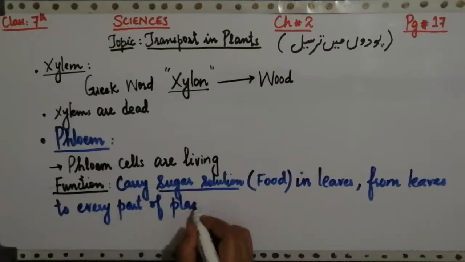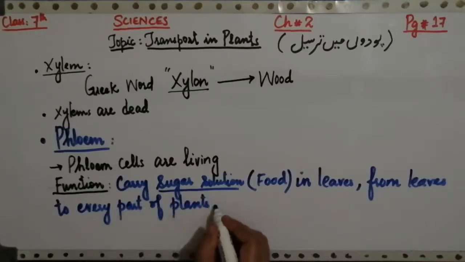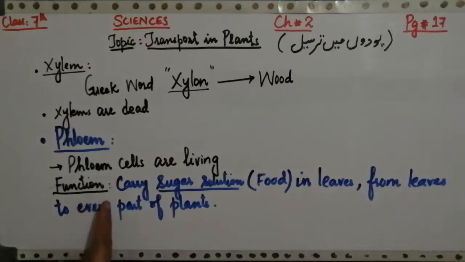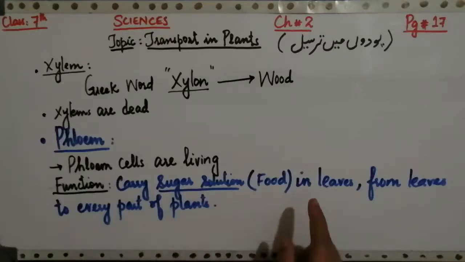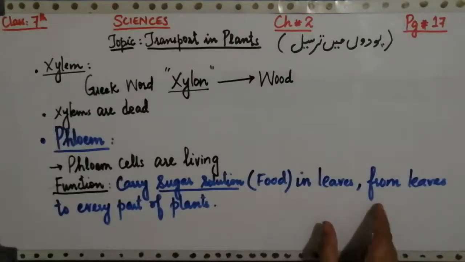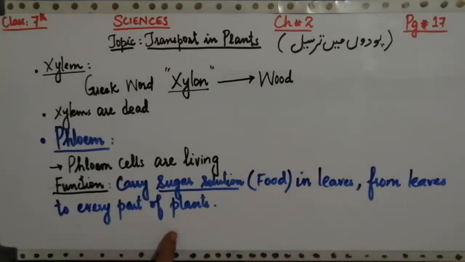Clear? So remember, xylem tissues are responsible for transporting water and minerals, while phloem tubes transport sugar solution, that is the food of the plant, which is prepared in leaves during photosynthesis, and from leaves this food is carried to every part of the plant.